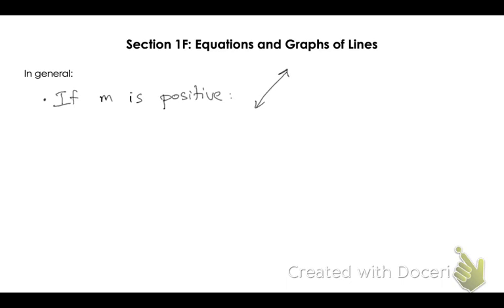Both rise and run were positive. The line will rise left to right. We found that if m is negative, the line was going to fall left to right.